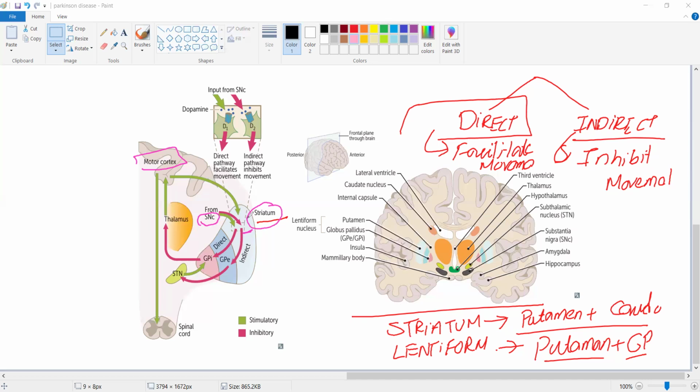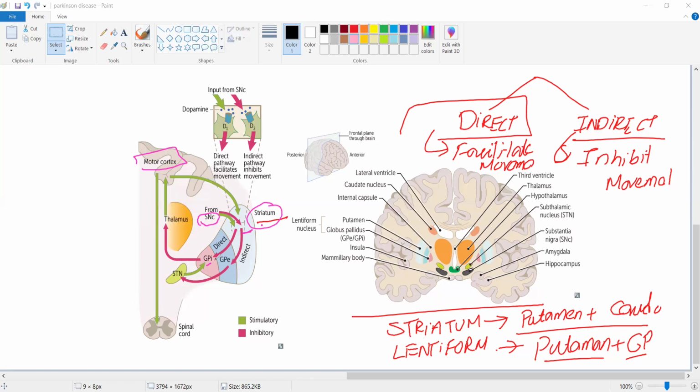So this glutamate stimulates the striatum to release GABA. So GABA is released from striatum and acts on globus pallidus interna, right?